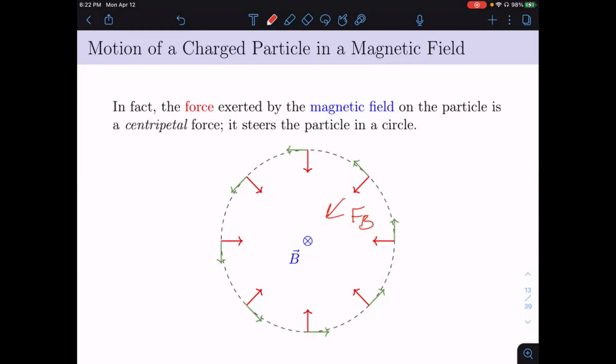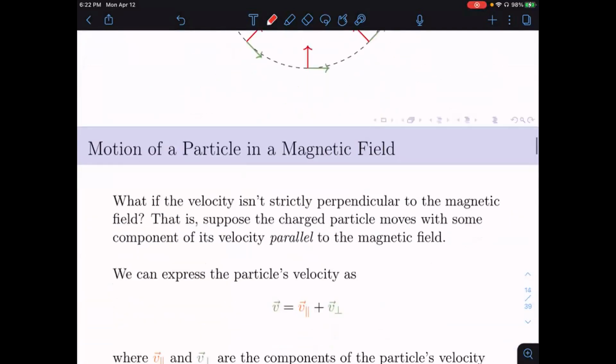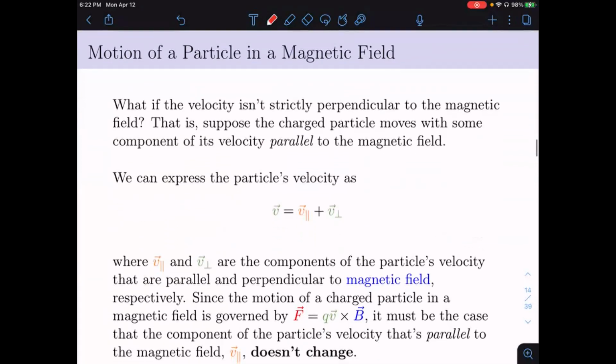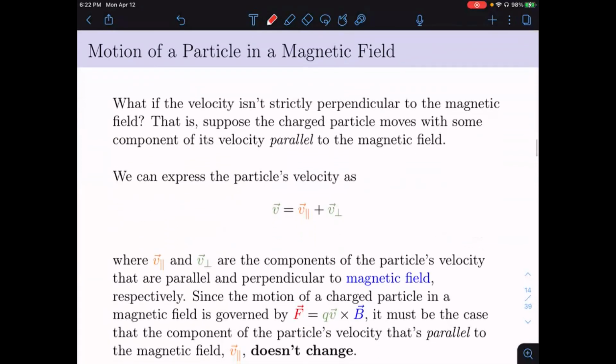I'm sure the next question in mind is, well, what happens when I've got a helix? That's what we're trying to cover here. So I get a circle if and only if V is entirely perpendicular to B. If my velocity vector and my B field vector are entirely perpendicular to each other, then I will get a circle.